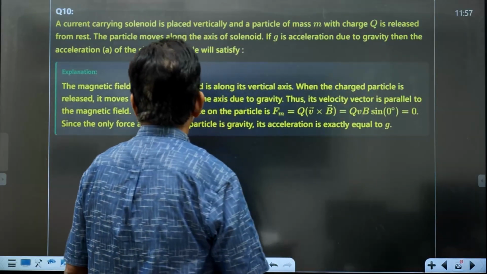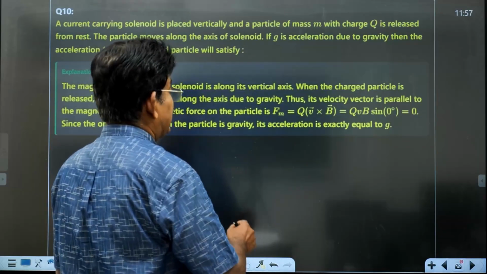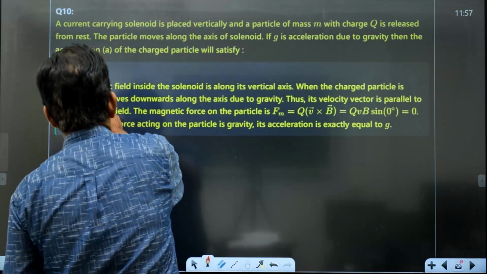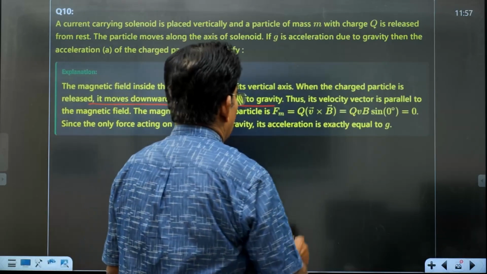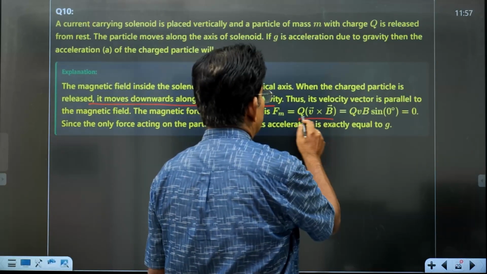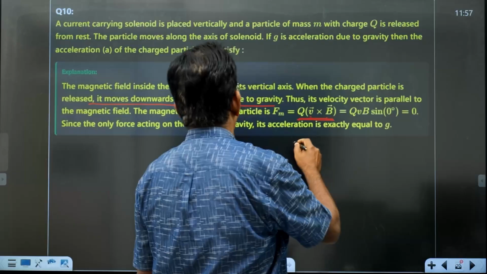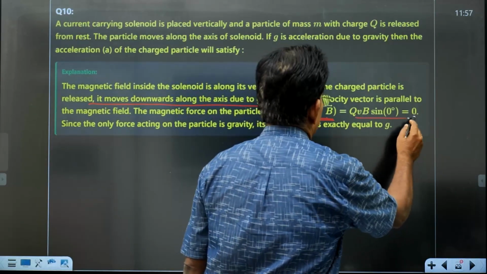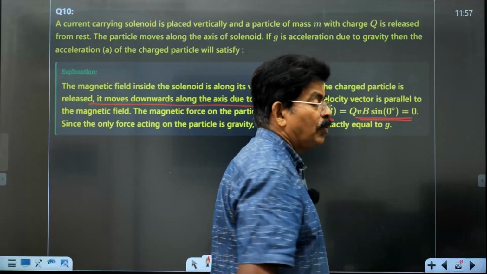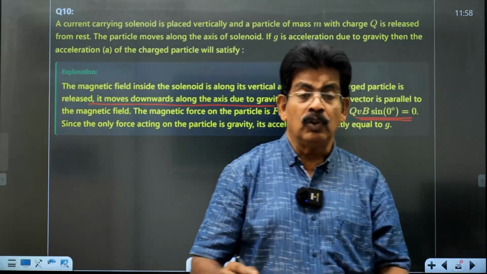Look, the magnetic field inside the solenoid is along the axis, and the charged particle is also released and moves down along the axis. As a result, there is no magnetic force, since F equals Q V cross B, and V and B are along the axis in the same direction. Therefore, the net magnetic force on the charged particle will be 0.